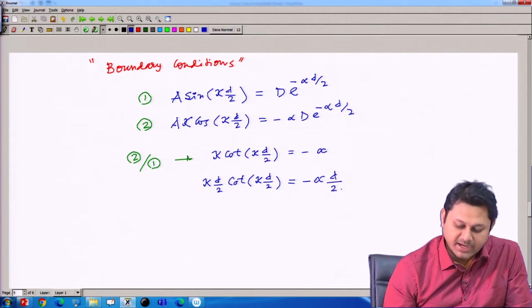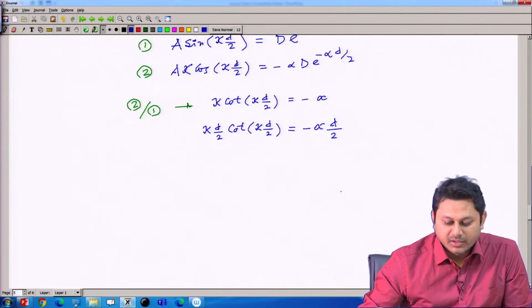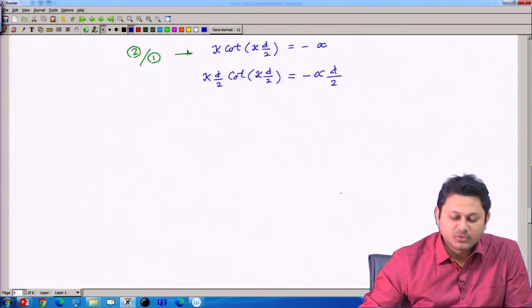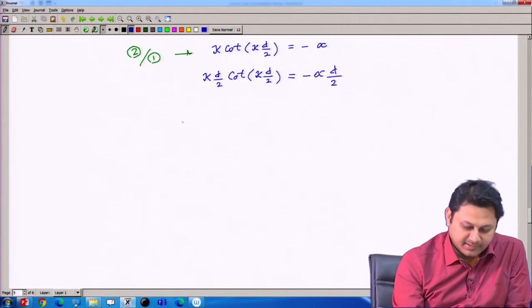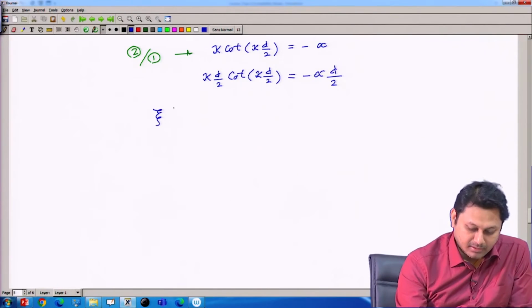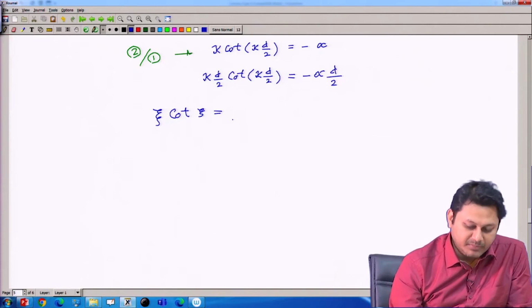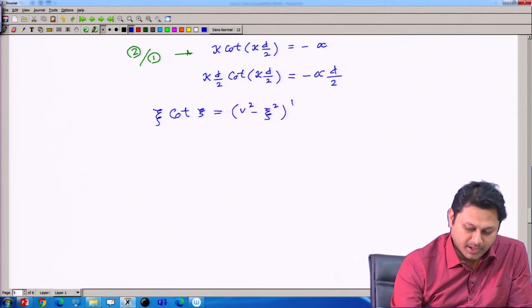Exactly the same procedure that we used to find the transcendental equation for the symmetric mode, we are just following the same thing. So again I can write it as chi cot chi is equal to alpha d by 2, which I can again write in a similar way as V squared minus xi squared whole to the power half.